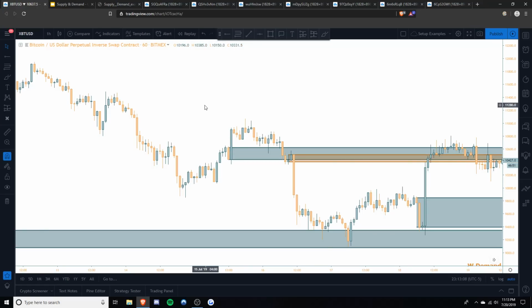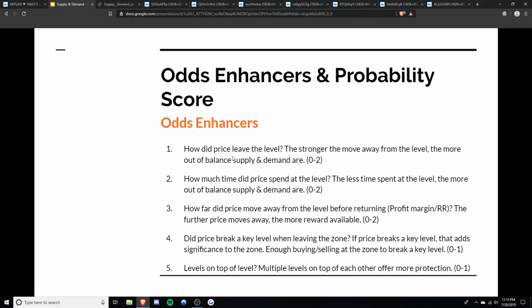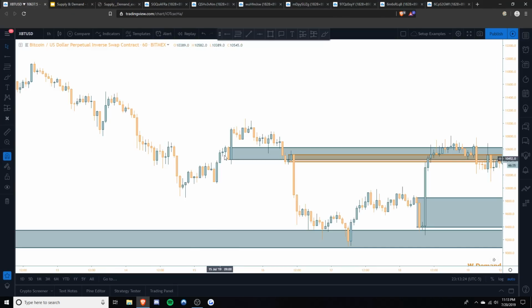On the odds enhancers and probability score, it would not score that high. The reaction away was only one green candle. How did price leave the level? Not that strong, really. What kind of move was this?